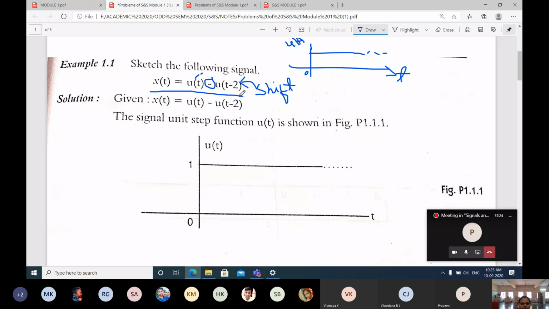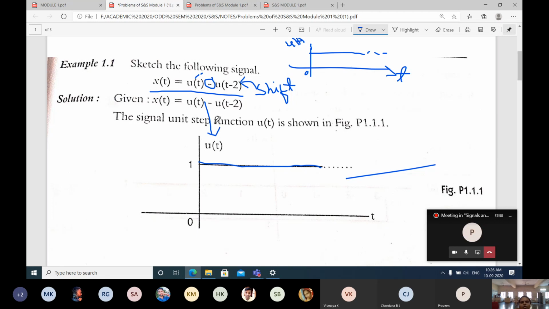First, we have to observe what signal is given. From the elementary signals we take u of t, the unit step function. That is what is drawn here. From 0 to infinity values of time, the amplitude remains 1 only. This is our u of t function.